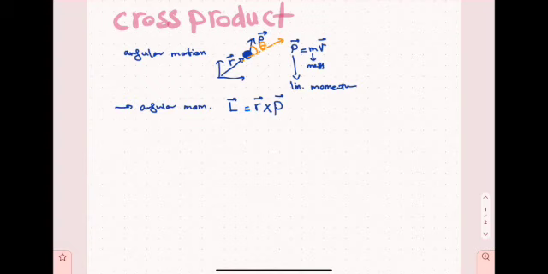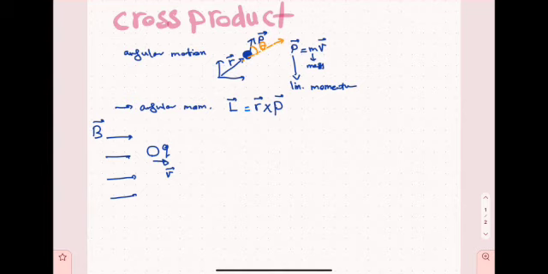The other example is if we have a charged particle with a charge of Q, and we put this particle in a magnetic field B, and this particle also moves in this field with some velocity v.